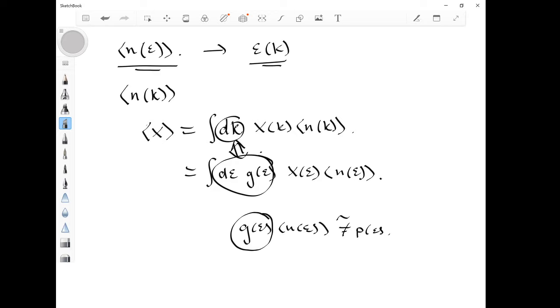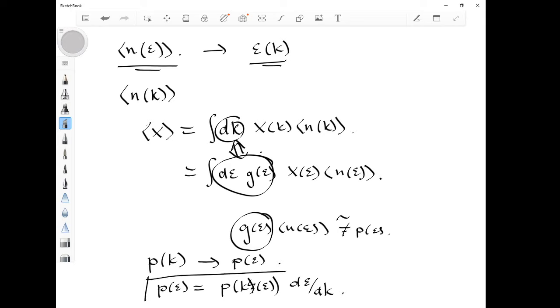So if you have a probability that's like P(k), and you want to go to a probability that's P(E), then you need to do the trick where P(E) is going to be equal to P(k(E)) dk/dE, which is what was done in, I think, lecture 1.